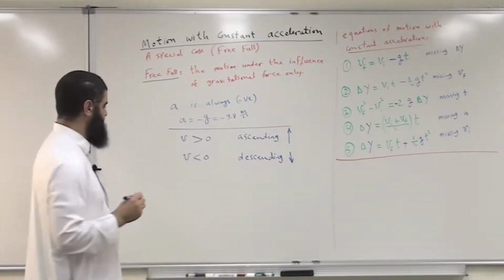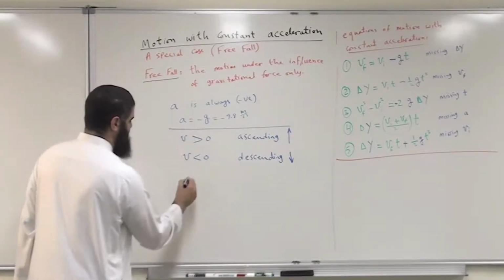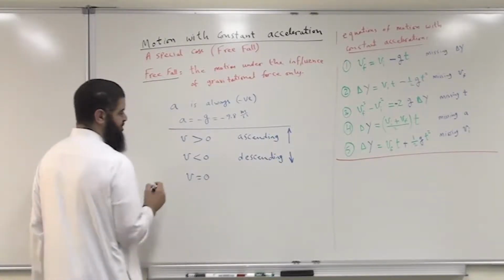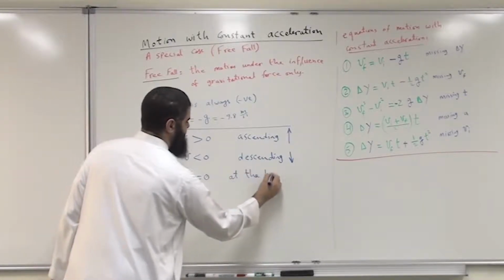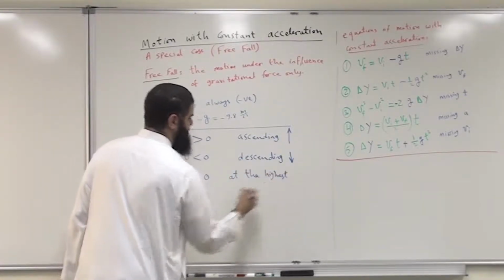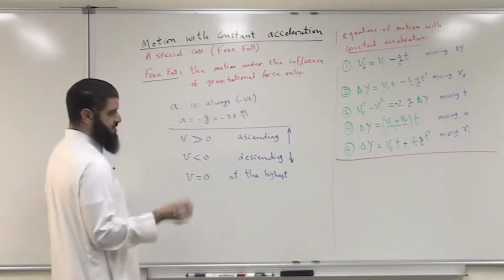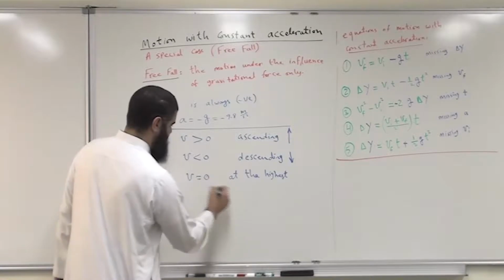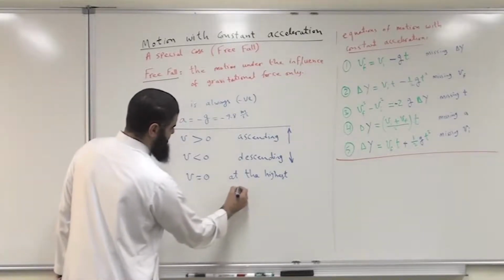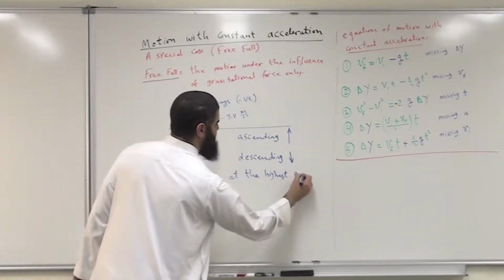This is our convention. And the velocity in free fall will be 0 momentarily at the highest point. If you would like to know the highest point reached by an object in free fall, you should equate its velocity to 0 at that point.